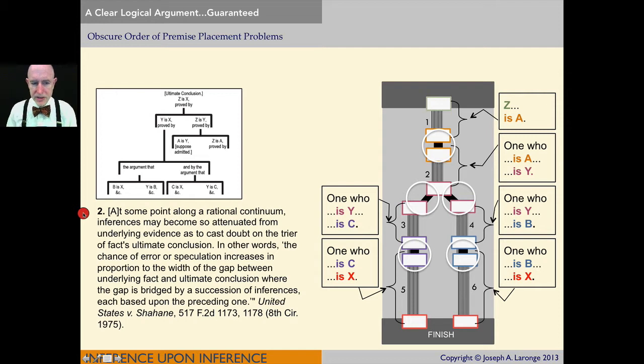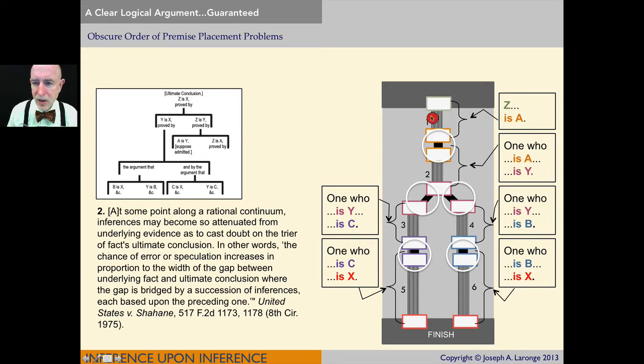Here's a quote from a case that talks about the importance of this. At some point along a rational continuum, inferences may become so attenuated from underlying evidence as to cast doubt on the trier of fact's ultimate conclusion. In other words, the chance of error or speculation increases in proportion to the width of the gap between underlying fact and ultimate conclusion, where the gap is bridged by a succession of inferences, each based upon the preceding one.